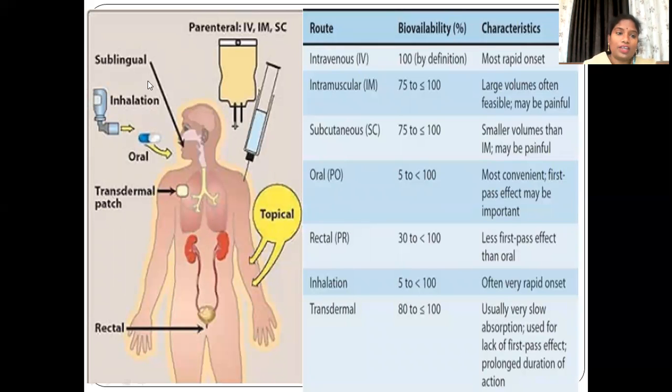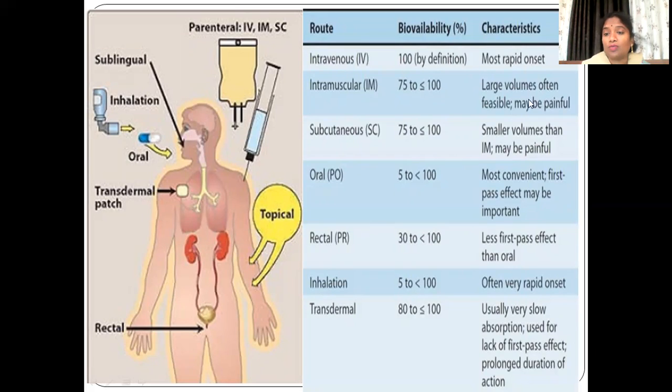See, when you are taking different routes of administration, how is the drug available? Different routes are parenteral, sublingual, inhalation, transdermal, rectal, and topical. When you take the intravenous route, 100% of the drug is available within the systemic circulation, which means rapid onset of action. Intramuscular is 70 to 100%.